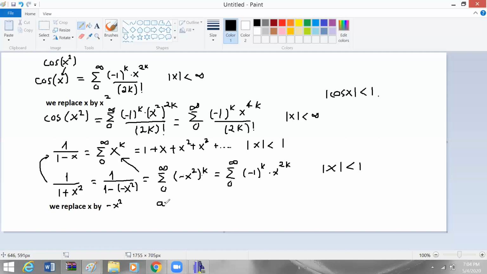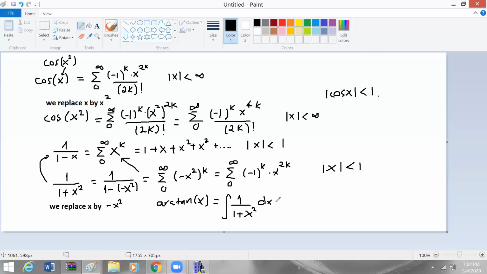I can solve for arctangent of x, right? So we know the fact that when we take the antiderivative of 1 over 1 plus x squared, I'm going to get the arctangent of x, correct?